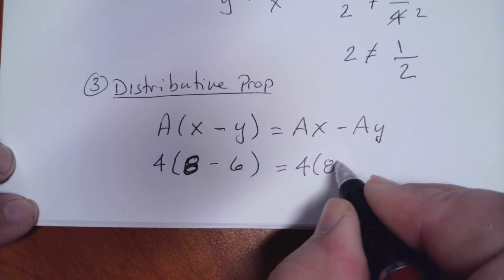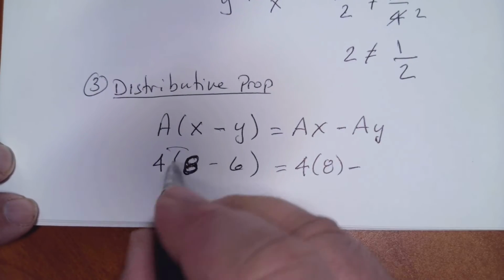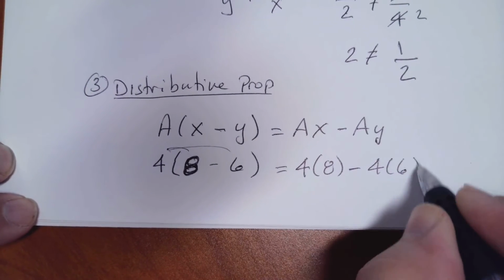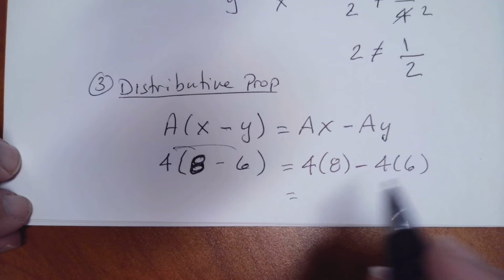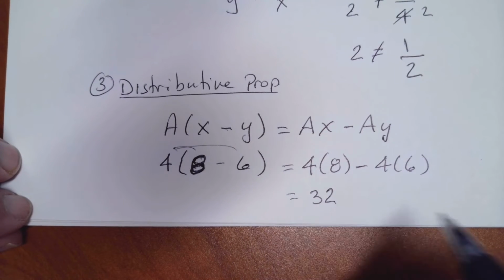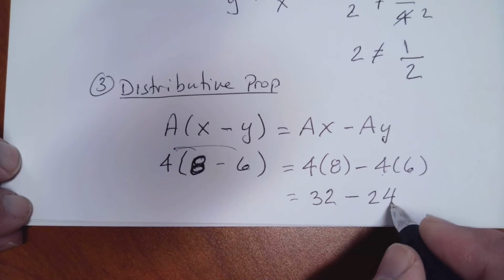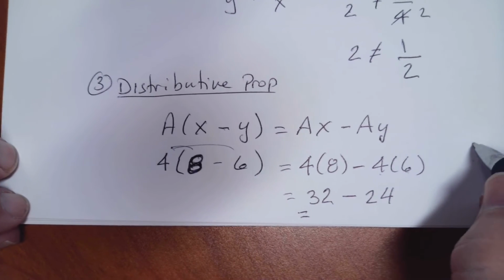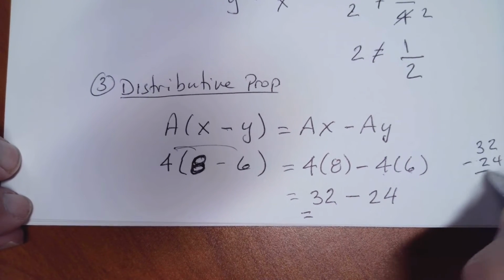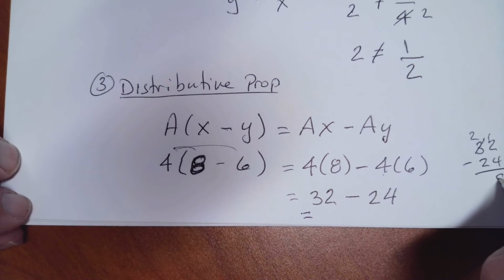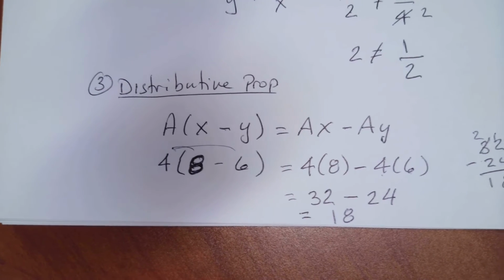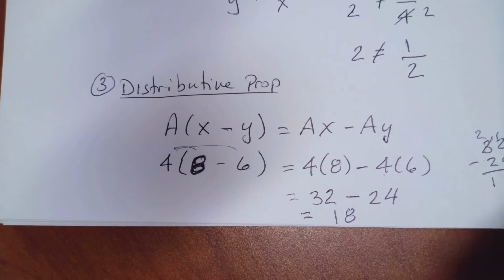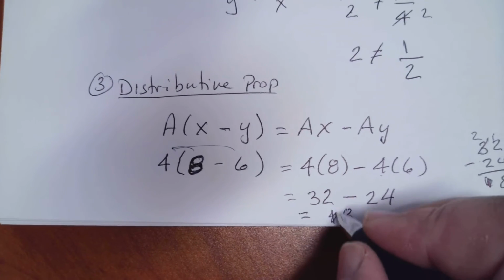So 4 times 8 minus 4 times 6. What is 4 times 8? 4 times 6? 32 minus 24 is 8.